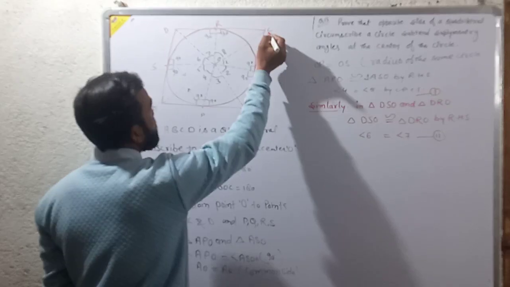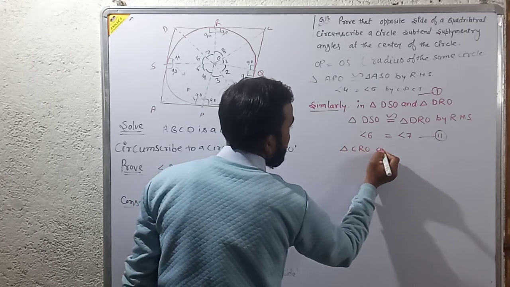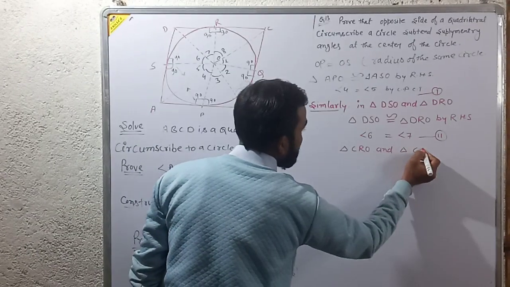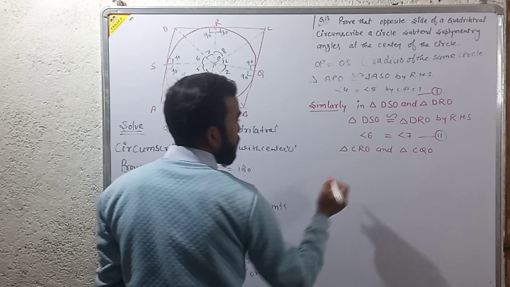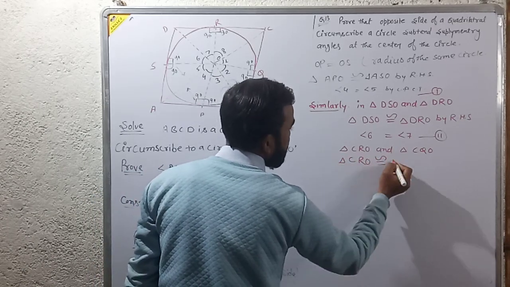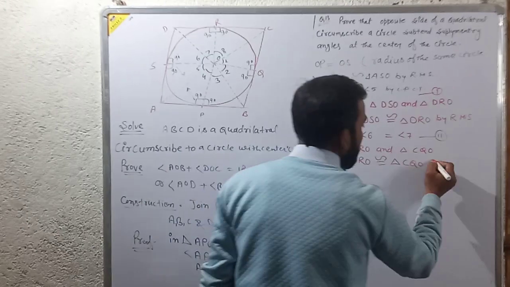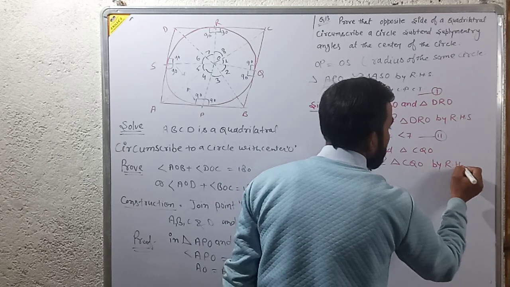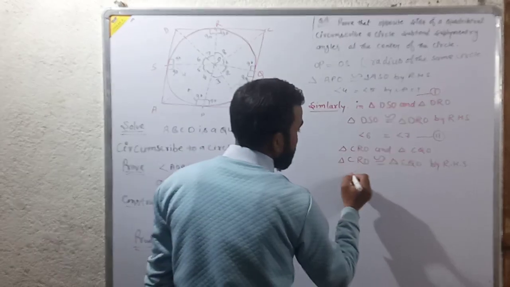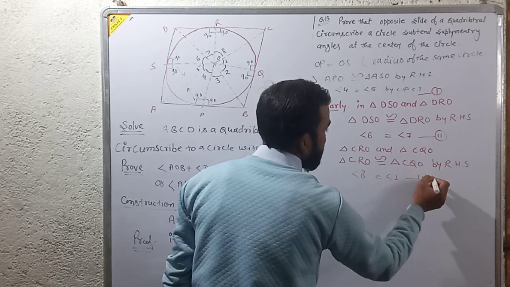Again in triangle CRO and triangle CQO, triangle CRO is congruent to triangle CQO by RHS. So we can say that angle 8 is equal to angle 1. This is equation number third.